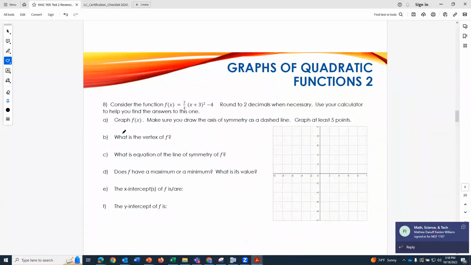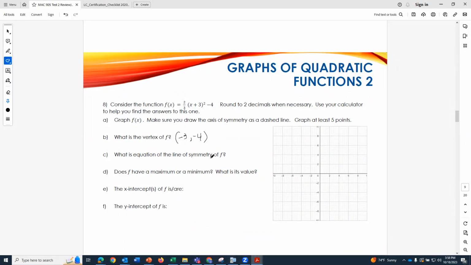Okay, we have the graph. What is the vertex? The vertex is -3, -4.